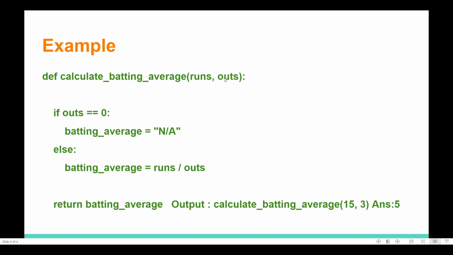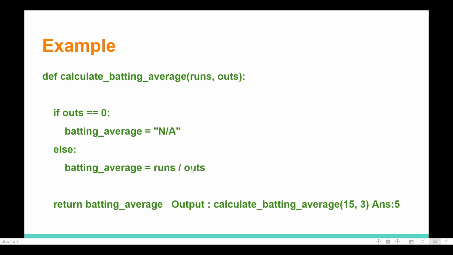Else, if the outs are greater than 0, it will perform this else statement, and we have written batting_average equals runs divided by outs. So let's say 150 are the runs and the particular player is out 3 times, then the batting average will be 50. That's what we want to perform.